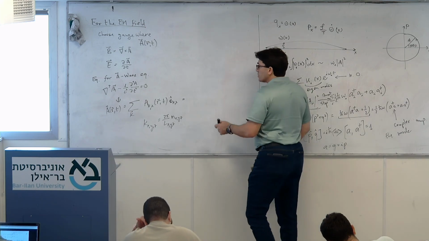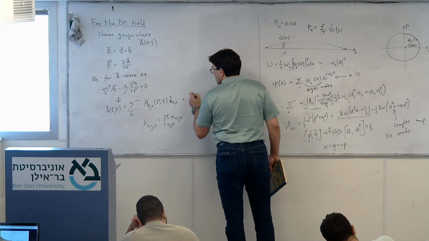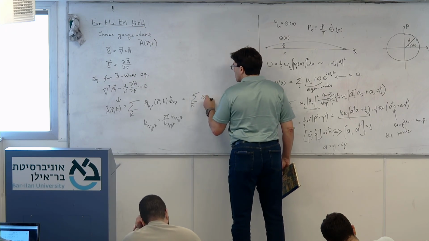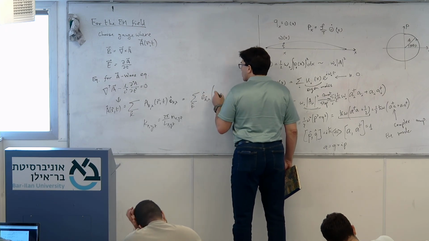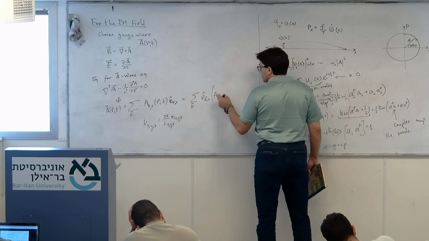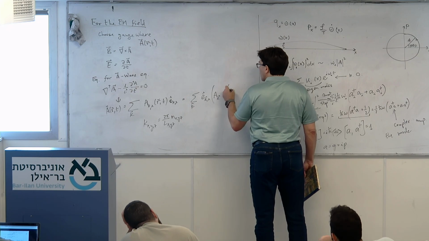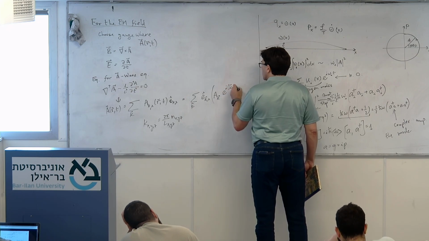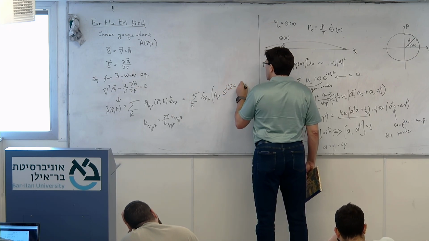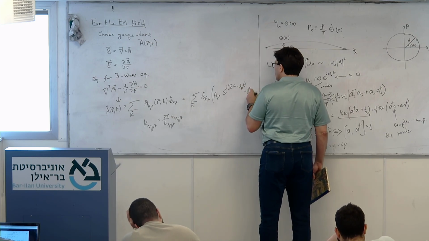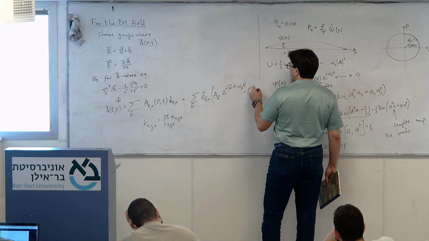This can be written as a sum over K, again e K, and here we will have A K, which is just a complex number, the amplitude, times e to the i K dot R minus omega K T, plus A K star times the same.